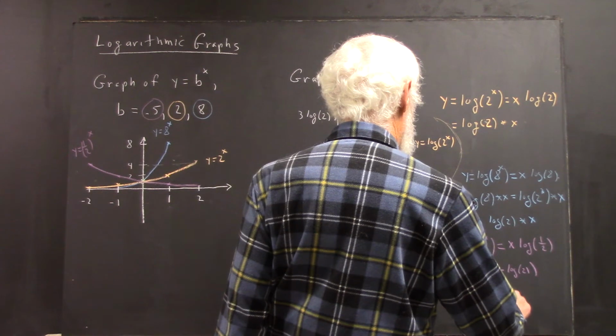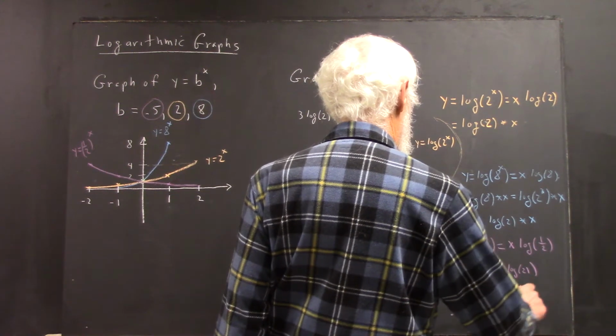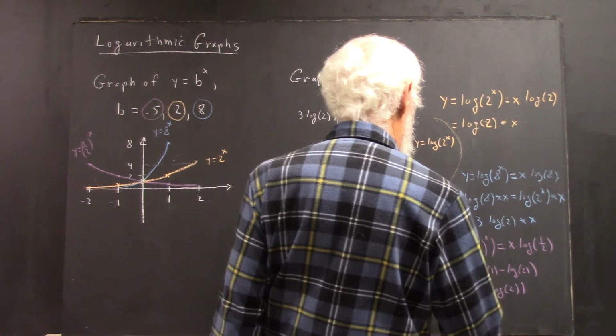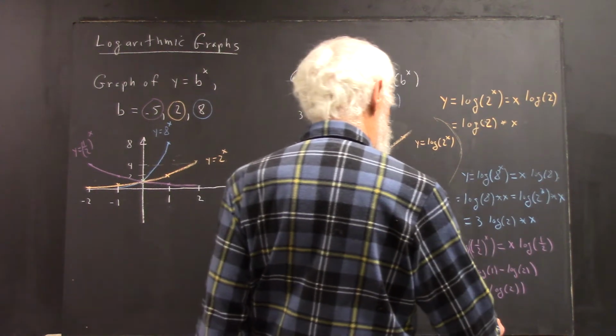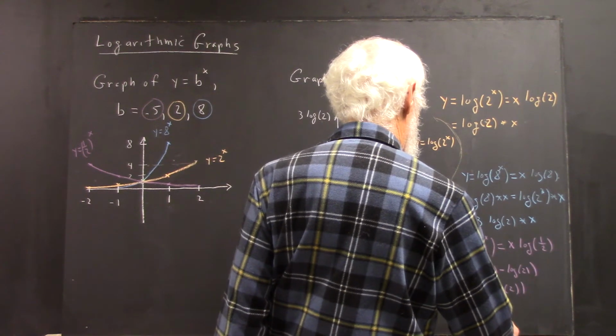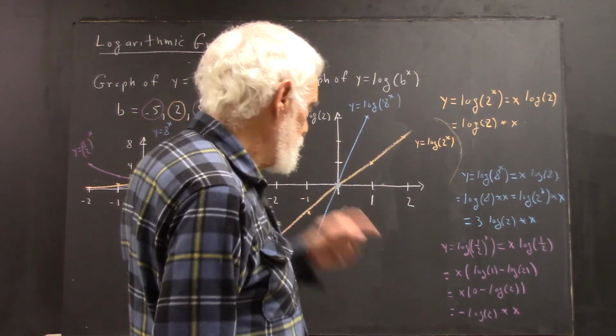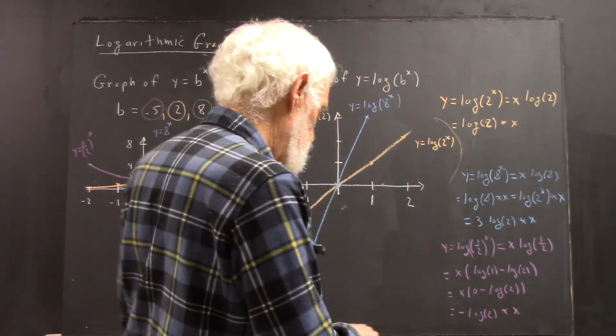Writing out all the steps, we're sure that we see them. Log of 1 is 0. And we see that this becomes just negative log of 2 times x.